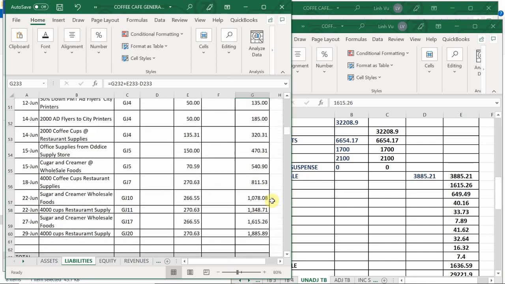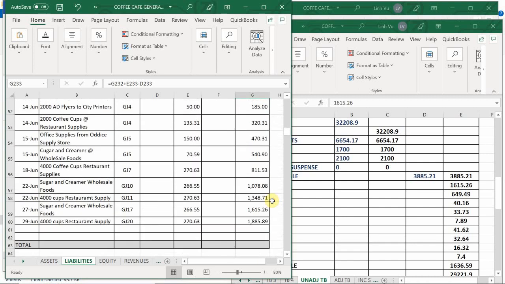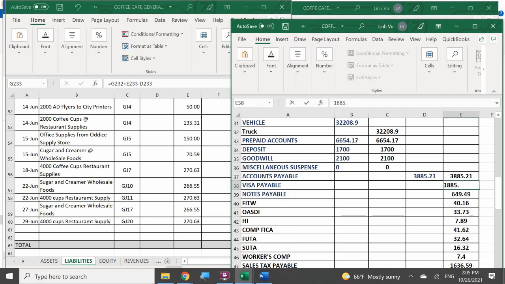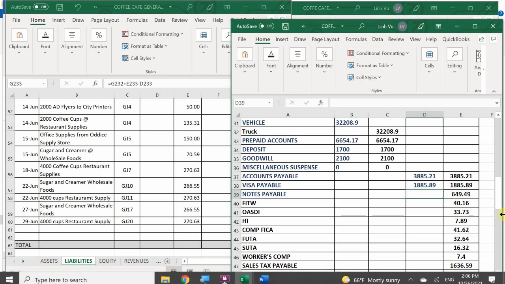What about my Visa payable? 1,885.89. It changed to 1,885.89. Right? And of course, that's what the main account for that one is because they're the same.